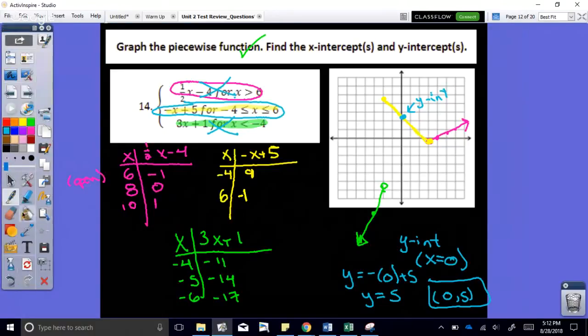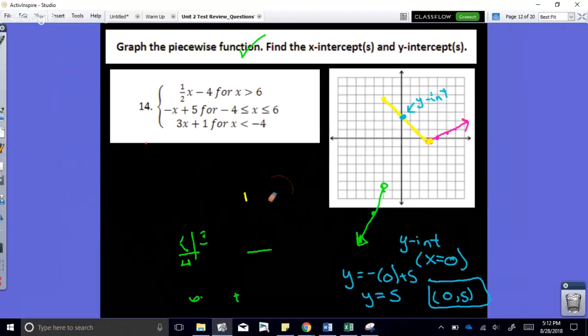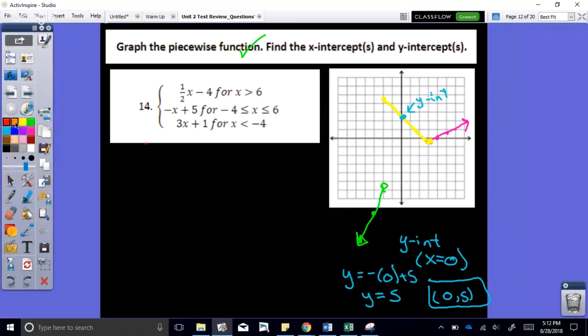Okay, so to find the x-intercepts, it's a similar process. We can look at the graph and kind of determine sometimes, but in case you can't tell exactly where they cross, I'm going to go back and show the algebra of how to find it.